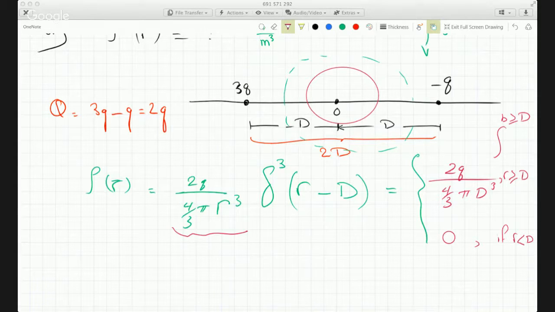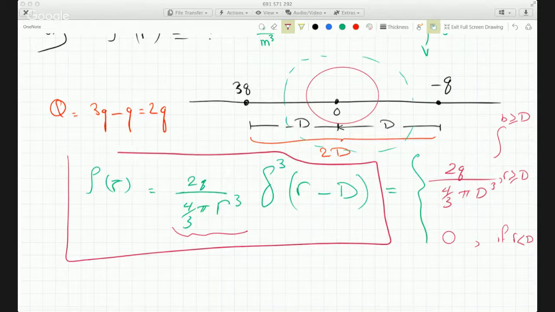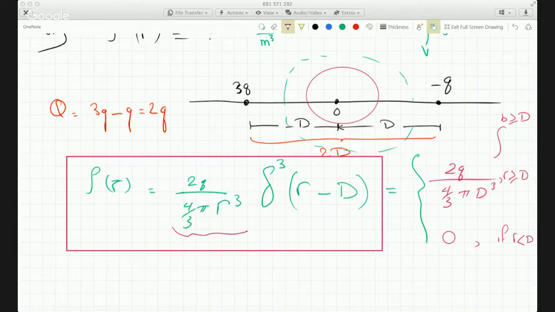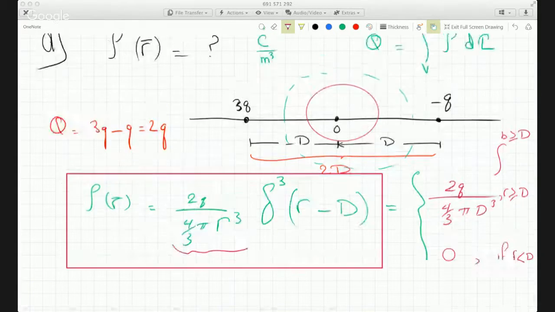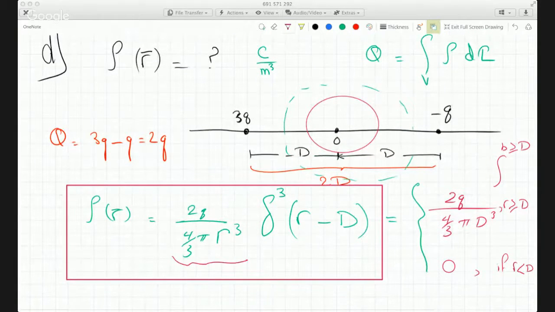You will get 0. So this Dirac delta function picks up the right values depending on where your sphere is. You see how to use this Dirac delta function?